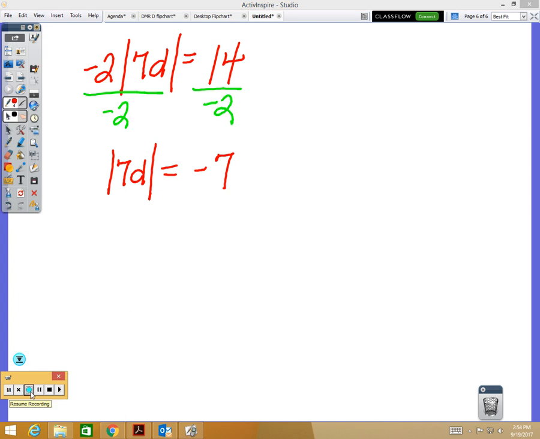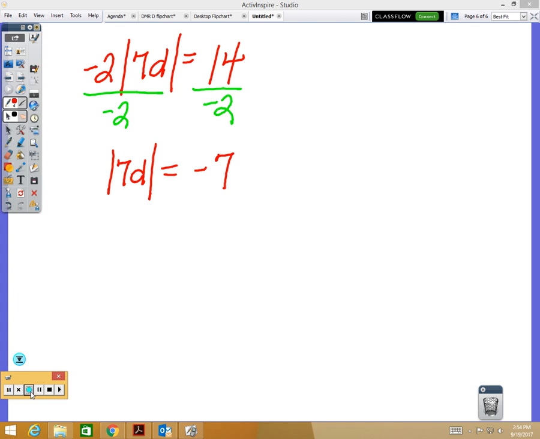Some people already discovered the issue with this right now. Others of you are sitting there talking and have no idea. The issue with this right now, we divided by -2. 14 divided by -2 is -7. We're saying that the absolute value of this is -7. What is the very first thing you guys told me about absolute values? It's always positive.